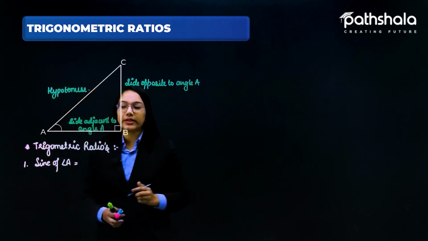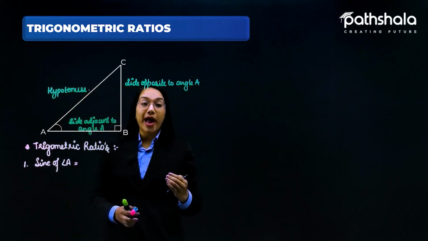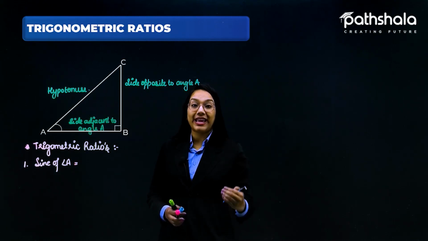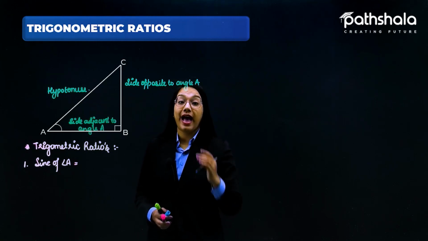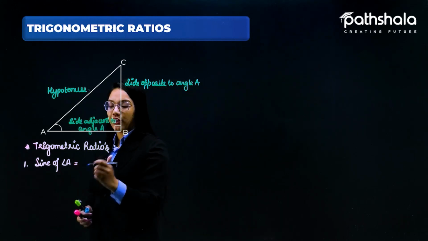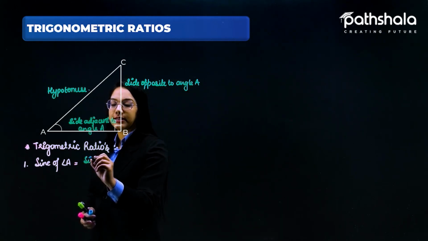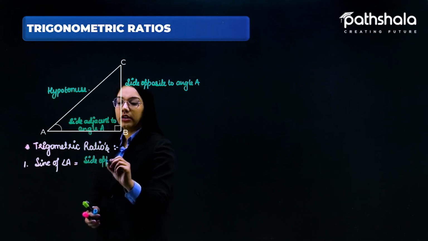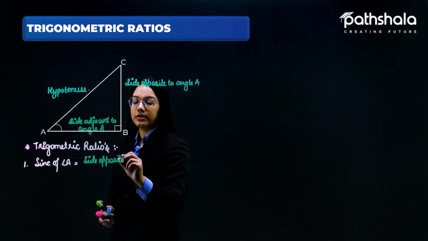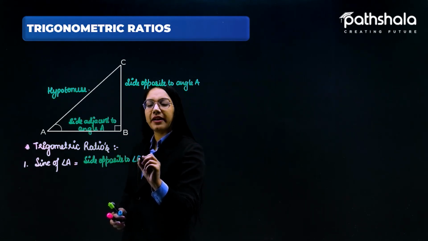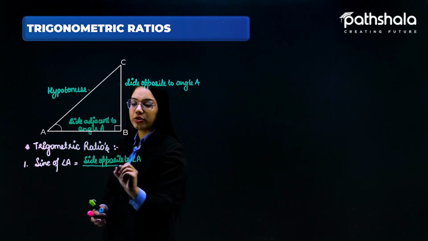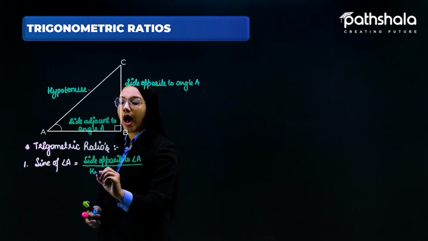So let's start with the sine of angle A. Sine of angle A is a ratio of the side opposite to angle A and the hypotenuse. So sine of angle A is side opposite to angle A divided by hypotenuse.